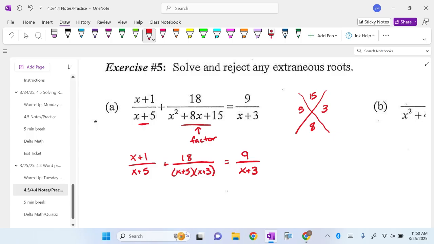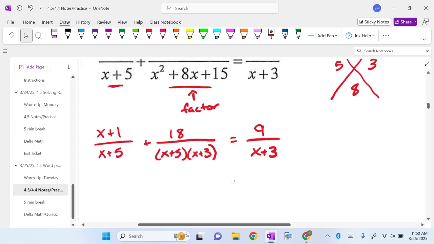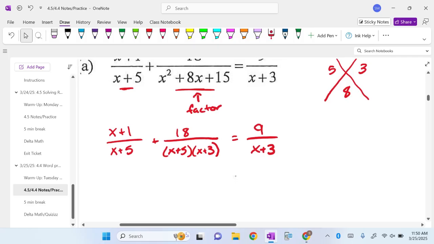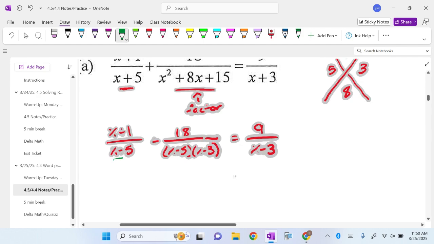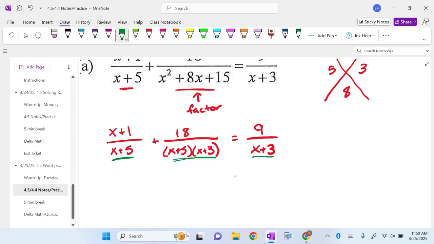And just like that, it's pretty easy to see what your LCD is. What denominator do you think I could have where I could multiply something to each fraction to get it? Not 15. So look at these denominators. Remember what I said about adding and subtracting, very similar to that.